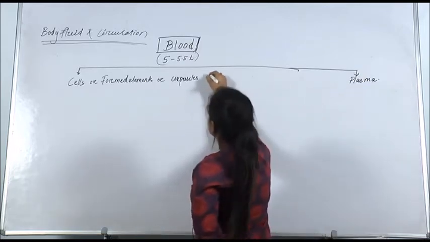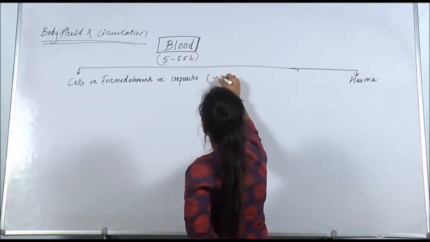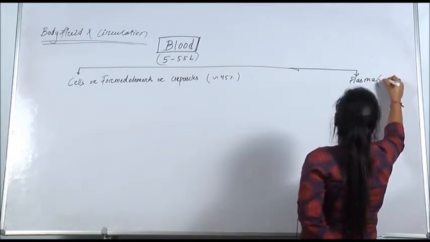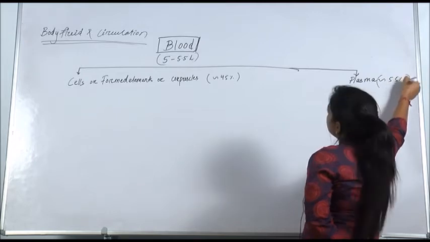The blood corpuscles make up around 45% of the total blood volume, whereas the plasma makes up around 55% of the total blood volume.